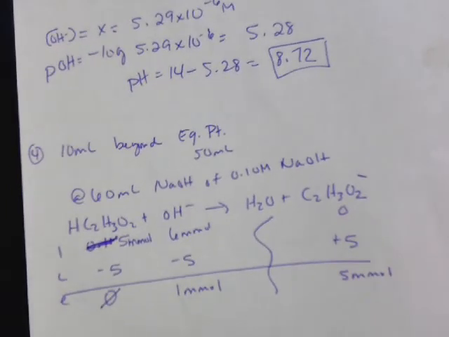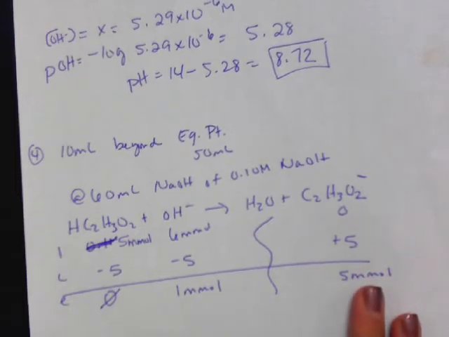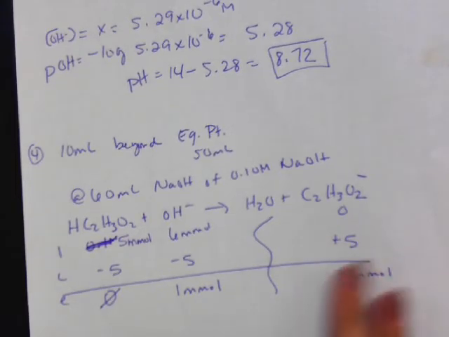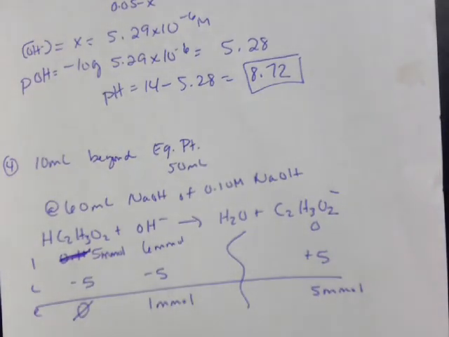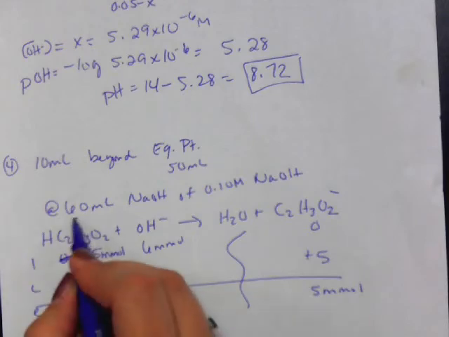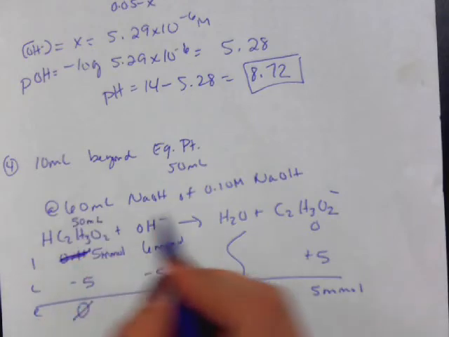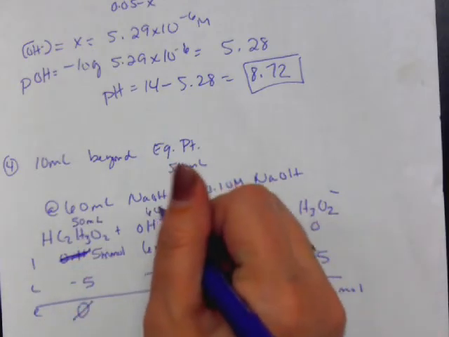Now, in the previous step, we calculated what the concentration of that 5 millimoles was. It was 0.05, and we calculated what the amount of hydroxide would be formed from that, and then we found right here that was 5.2 times 10 to the minus 6. Well, what is the concentration of our hydroxide here? This is in a total volume of 50 milliliters, remember, and then this is 60 milliliters.